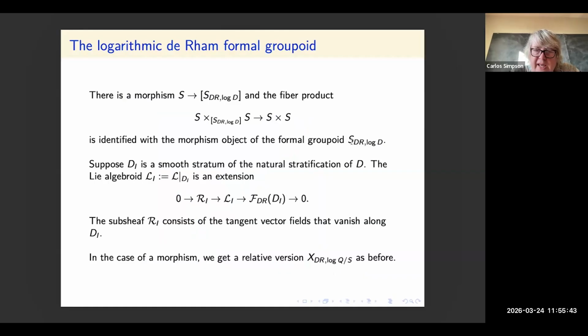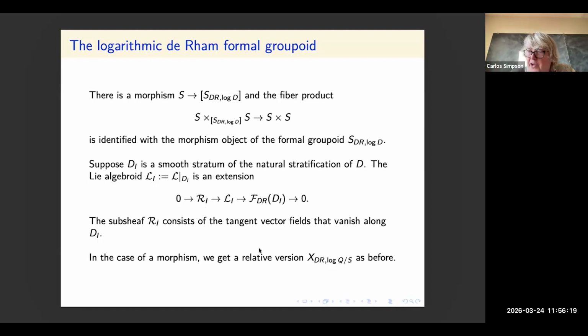And the Lie algebroid over one of the strata is an extension of the de Rham stack of the strata by what you might call a residue vector bundle. The residue vector bundle is the space of tangent vector fields that actually vanish along the stratum. And this R represents the residues in the transverse direction to the stratum, basically.